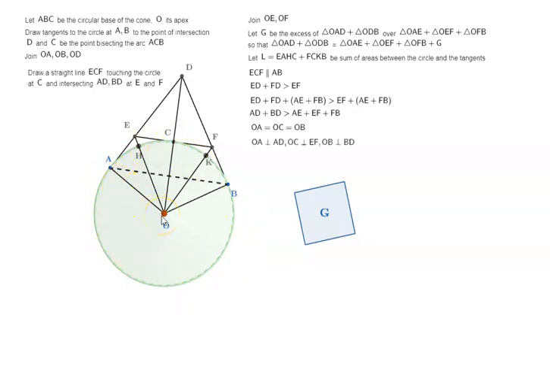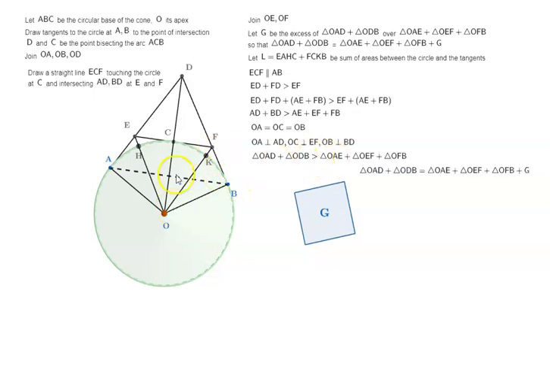OA is perpendicular to AD. OC is perpendicular to EF. OB is perpendicular to BD, because these are the generators of the cone and they are equal to each other. Now, triangle OAD plus triangle ODB is greater than triangle OAE plus OEF plus OFB.